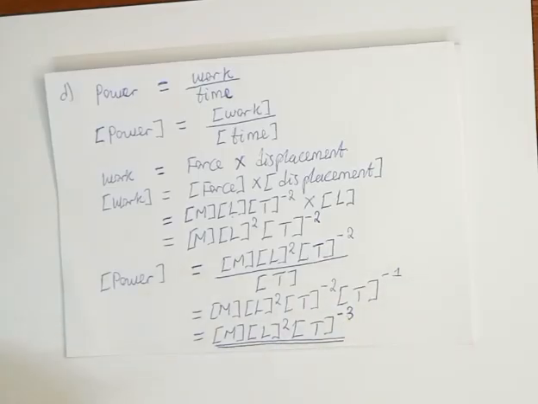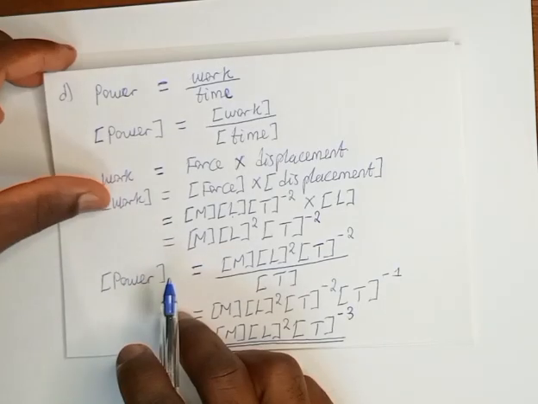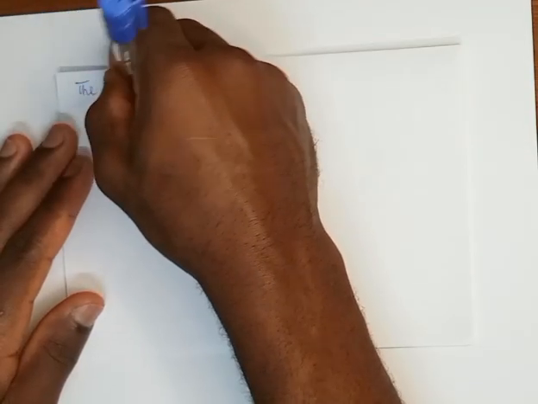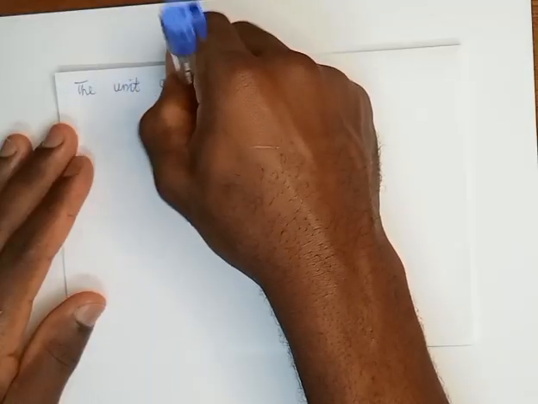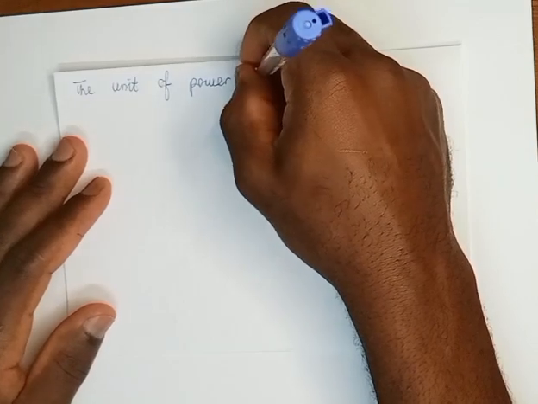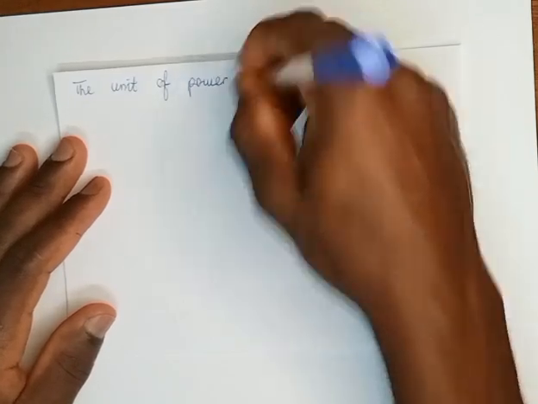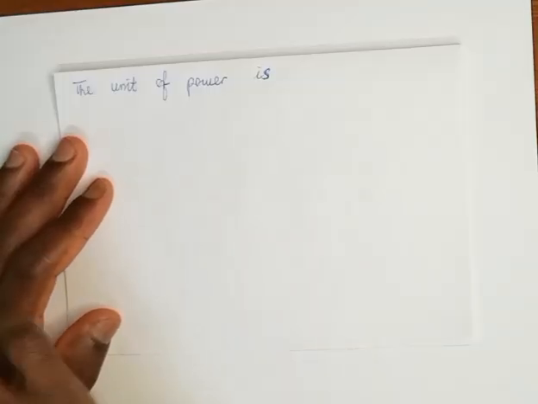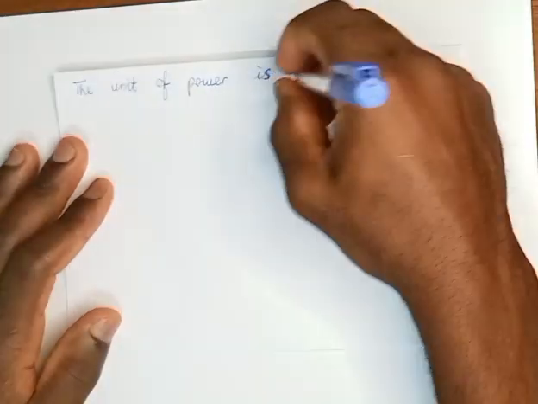Now we can easily write down the unit of power. The unit of power is, we are going to replace m by the unit of mass, which is kilogram.